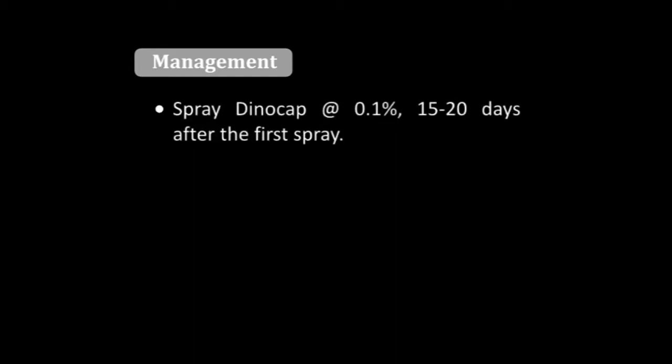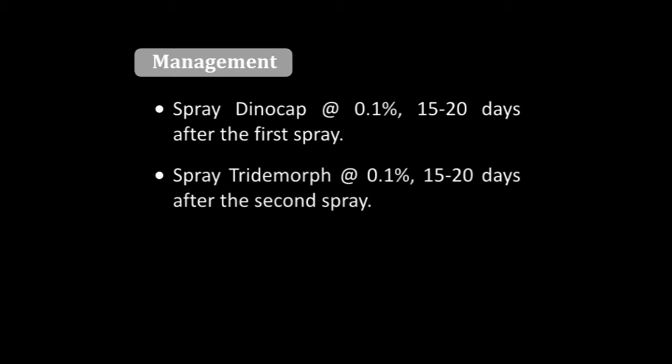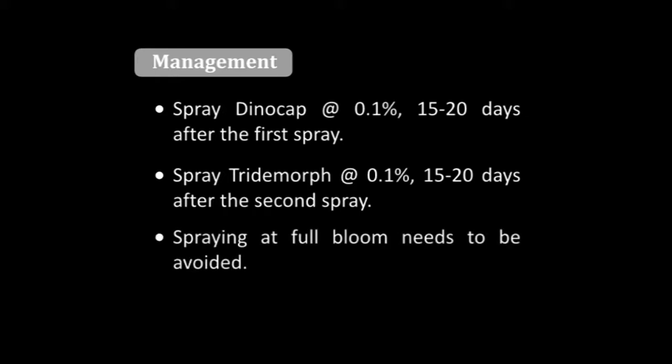Spray Dinocap at the rate of 0.1%, 15 to 20 days after the first spray. Spray Tridemorph 0.1%, 15 to 20 days after the second spray. Spraying at full bloom needs to be avoided. So this is all about powdery mildew.